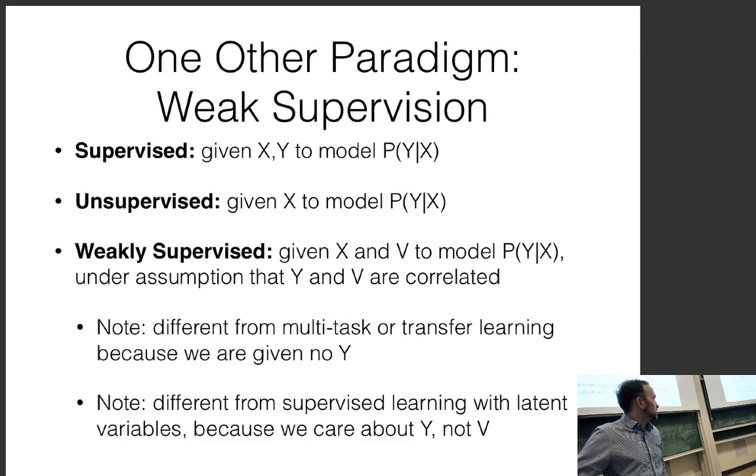It's also different from supervised learning with latent variables, which you can essentially do by coming up with some sort of latent variable that's in between your input and your output for your supervised task.